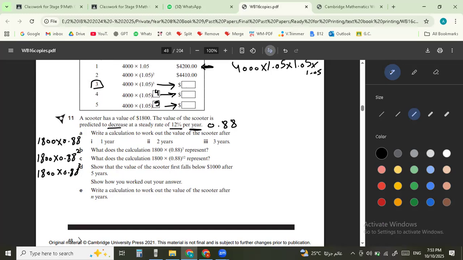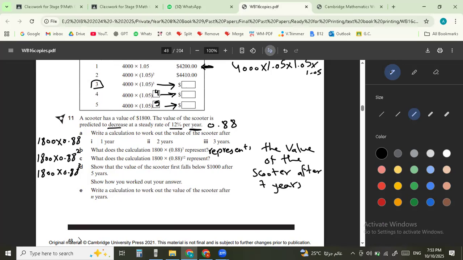Okay, so here in question B, what does the calculation 1,800 times 0.88 to the power of 7 represent? It represents the value of the scooter after 7 years.